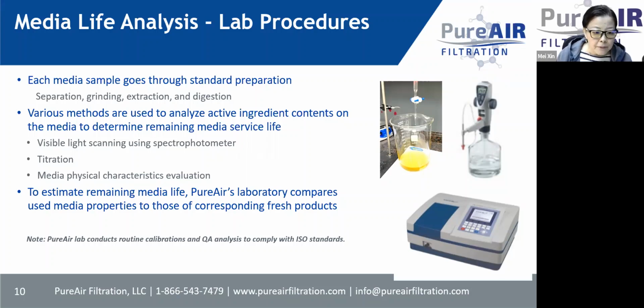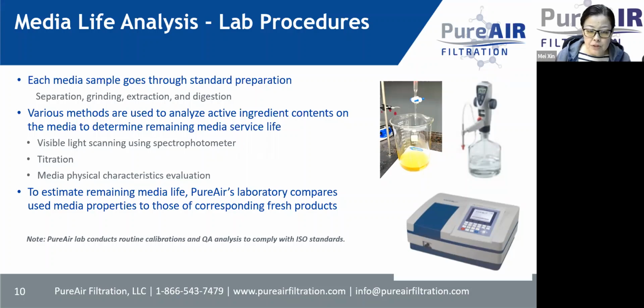So the lab analysis normally is determining the activity remaining in the sample, comparing that to a fresh sample. There are different ways we use to analyze the activity remaining in the sample. But first, when we receive the sample in the lab, we have to go through standard preparation before we can analyze the activity.